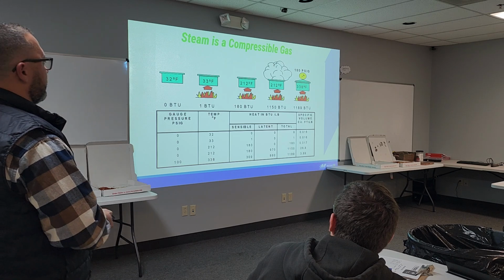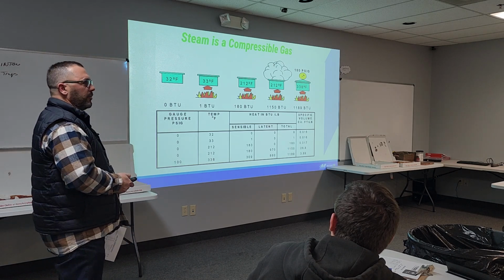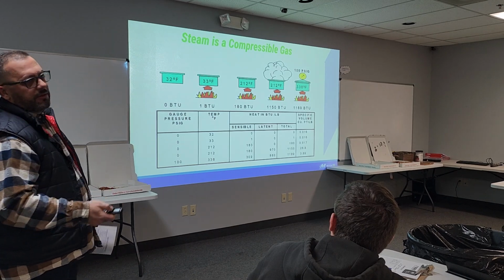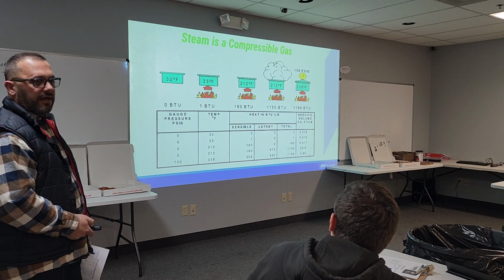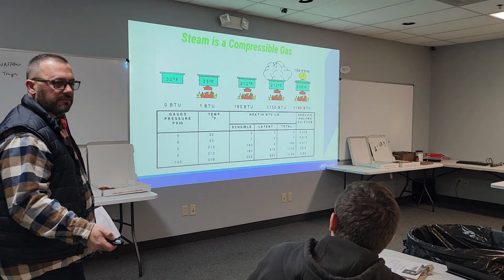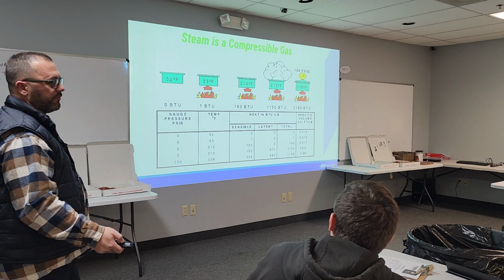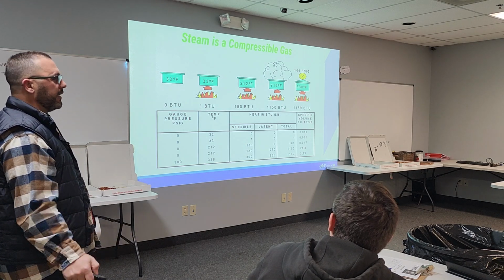So the whole purpose of why we are producing 100 psi at the boiler, yet usually our shell and tubes or plate and frames in many cases are 15 psi, lower pressure, is because steam is compressible. If we wanted to generate 15 psi at the boiler because our shell and tubes are running off 15, we could do that.